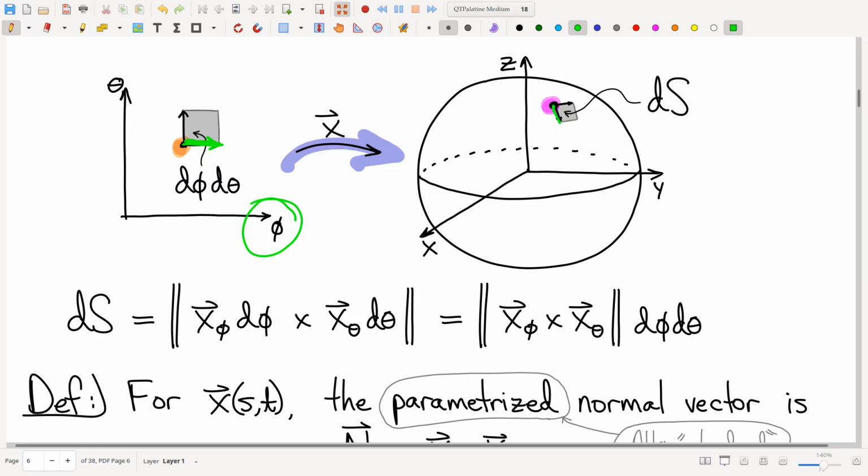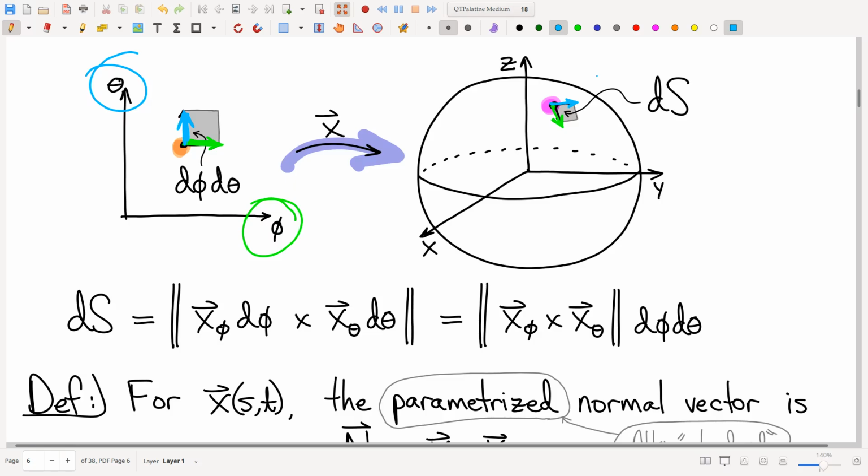If you're moving in the phi direction, phi increasing while theta is staying constant, you're going to be going kind of south on the sphere. And likewise, I can talk about moving in the theta direction. Theta is going to be increasing, and we will be moving east on the surface of the sphere.